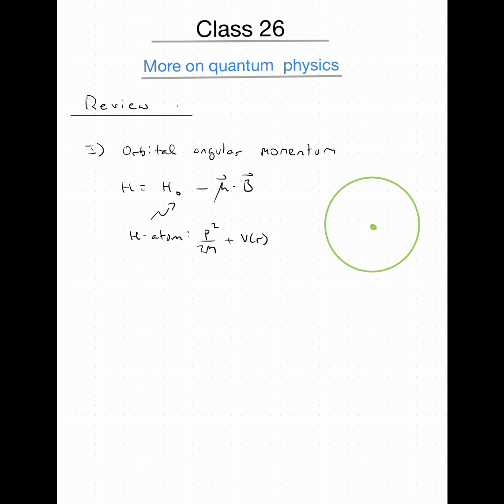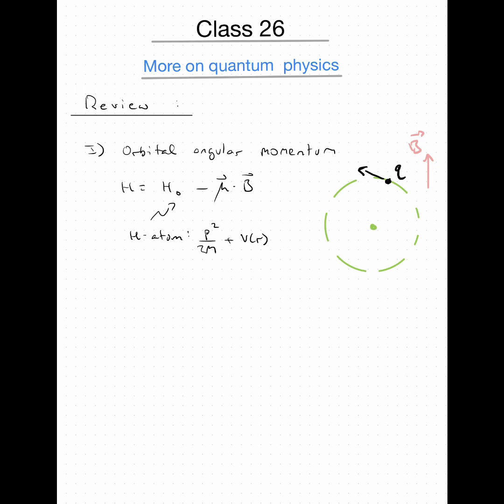This is representing the motion of a charge around a nucleus, in the presence of an external magnetic field. There's this charge Q, which for hydrogen atom is an electron, just moving in an orbit around the nucleus.